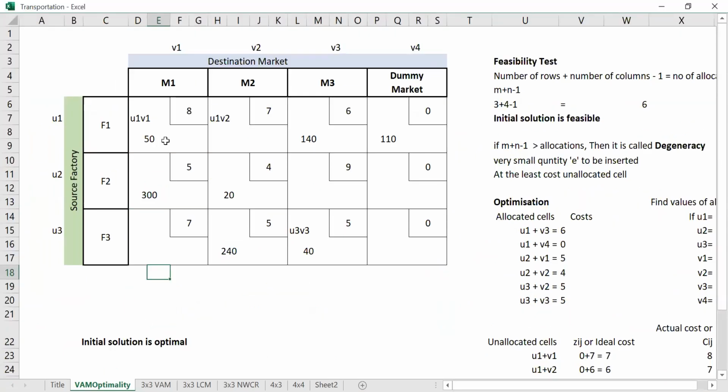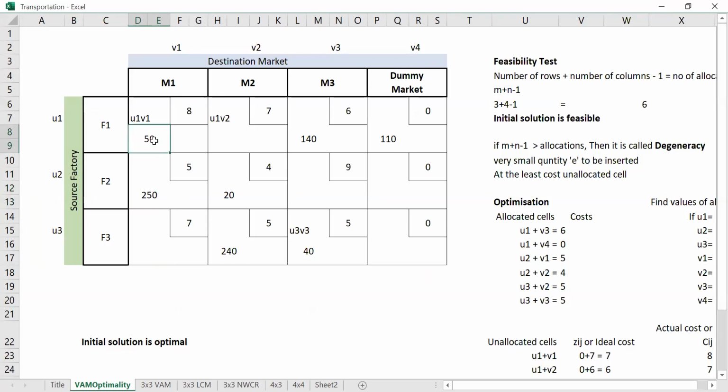So I need to reduce that 50 units here. So this becomes 250. If I reduce 250 here, let's reduce it here.